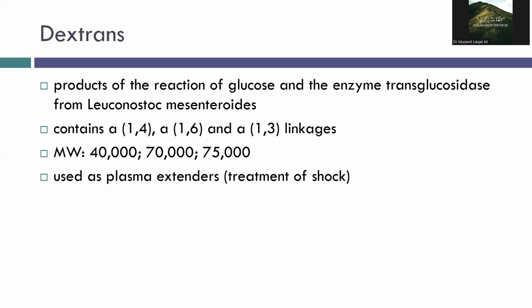Clinical dextrans have molecular weights of 40,000, 70,000, or 75,000 Daltons and are used as plasma volume expanders in the treatment of hypovolemic shock. They improve blood volume without the risk associated with blood transfusion.